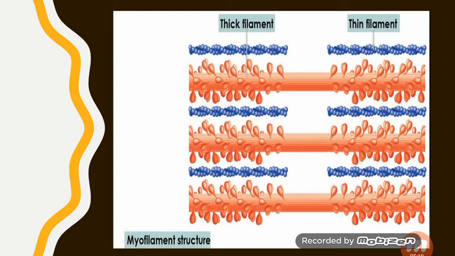Actin proteins are arranged in two chains which twist around each other like a twisted double strand of pearls. One is the globular actin or G-actin. It is a kidney-shaped polypeptide subunit of the actin, and the fibrous actin or F-actin.